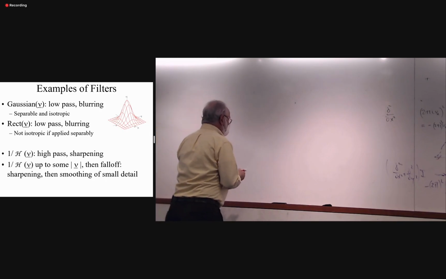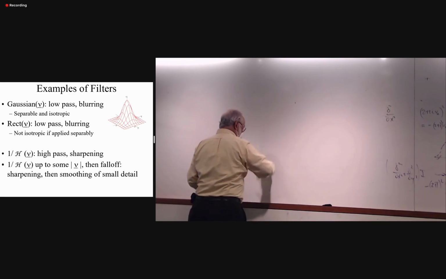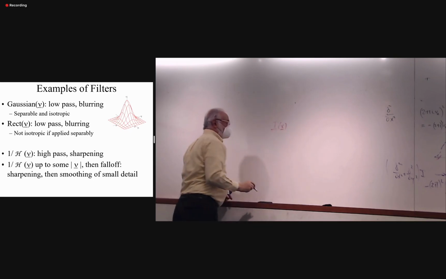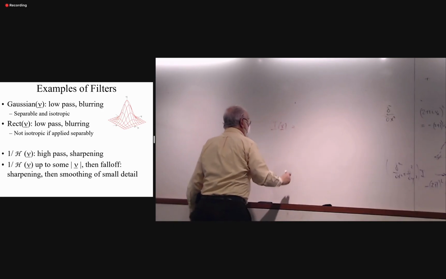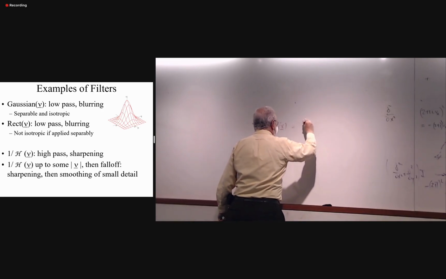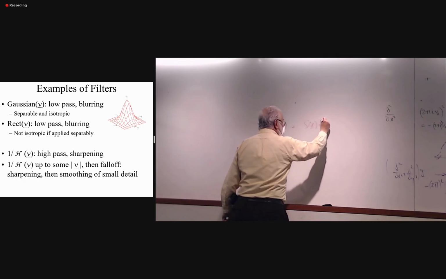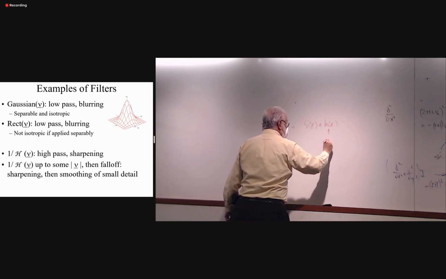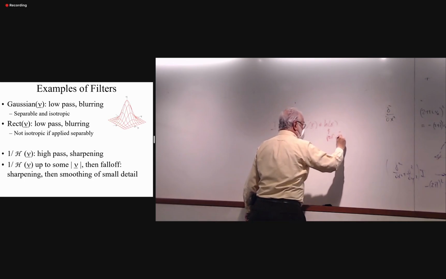So what we're saying is that our input image I of x was created by taking the scene, S of x, and convolving it with h of x, and this is the point spread function of the imaging device, of the camera.